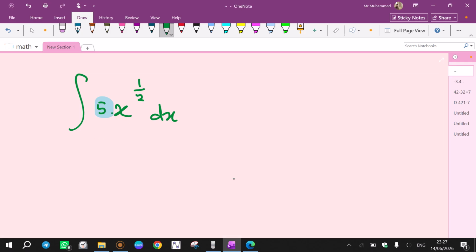Multiplication stays in division and in integration. So the 5 stays as it is. X power 1 over 2, 1 over 2 plus 1 is going to be x power 3 over 2, and here 2 over 3. This 5 is next to the fraction. It is multiplication, stays multiplication, and there's always plus c. Simplify. 5 times 2, 10 over 3.